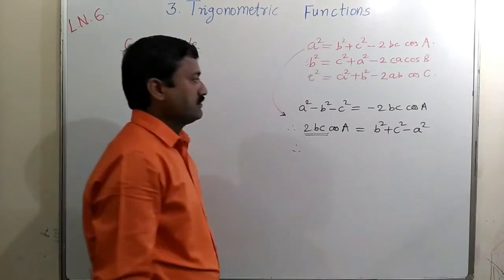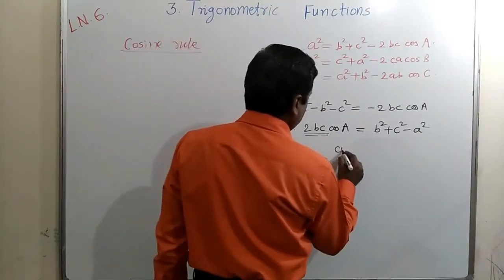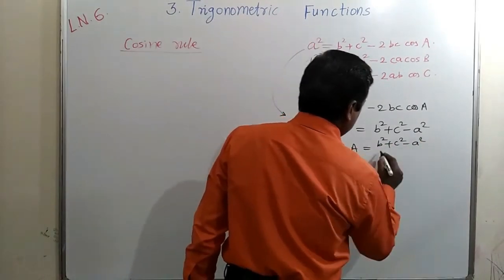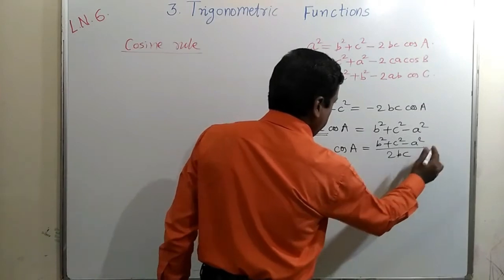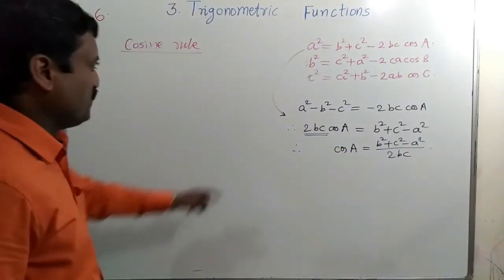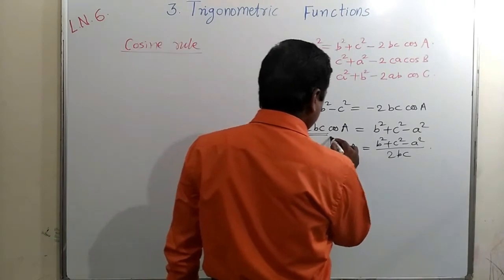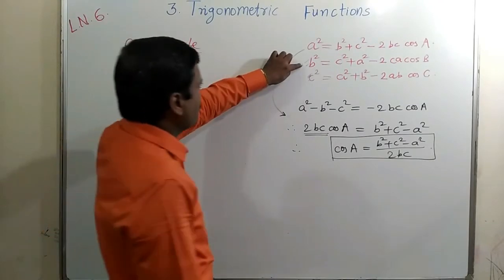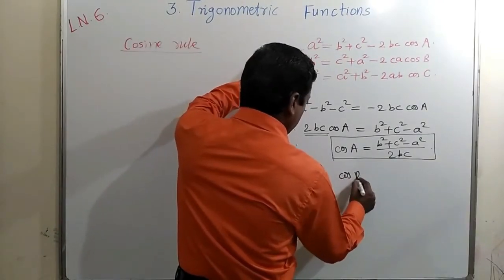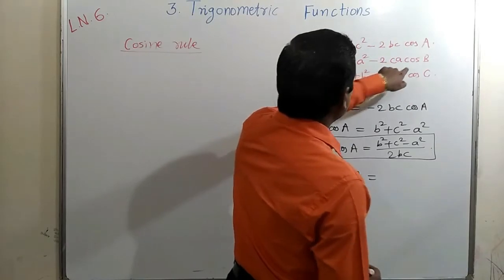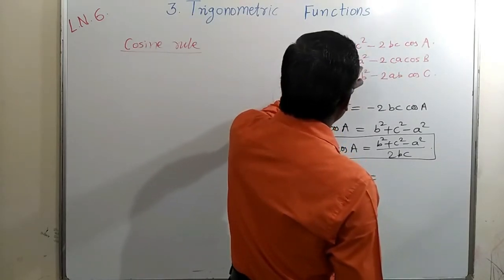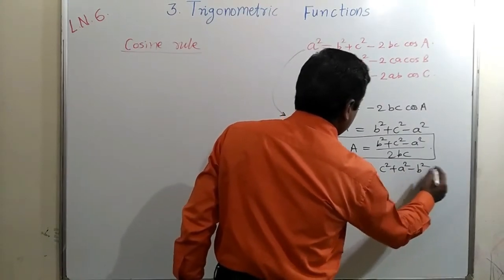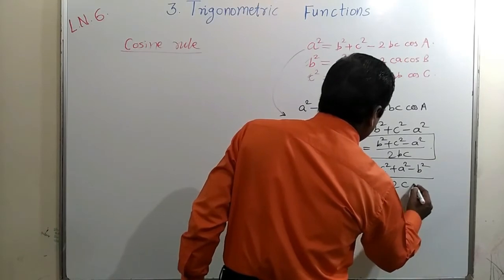Therefore, this is constant, twice BC. So cos A is equal to B square plus C square minus A square upon twice BC. So this is another form of the same cosine result. Similarly, from this result we get cos B is equal to C square plus A square minus B square upon twice CA.